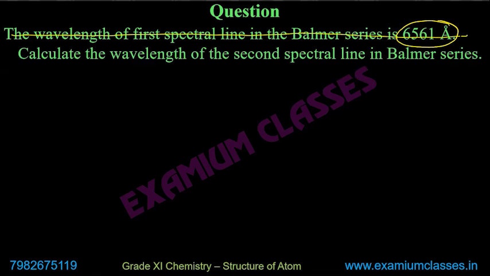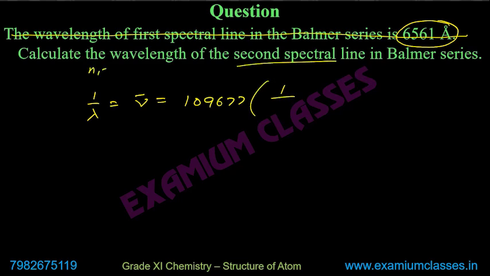Calculate the wavelength of the second spectral line in the Balmer series, because you can use 1 by lambda equals nu bar equals RH, 109677. 1 by, for the second line, it will be n1 2 square minus n2 4 square, that is 1 by 2 square minus 1 by 4 square, per centimeter. You can get the wave number and then the wavelength.